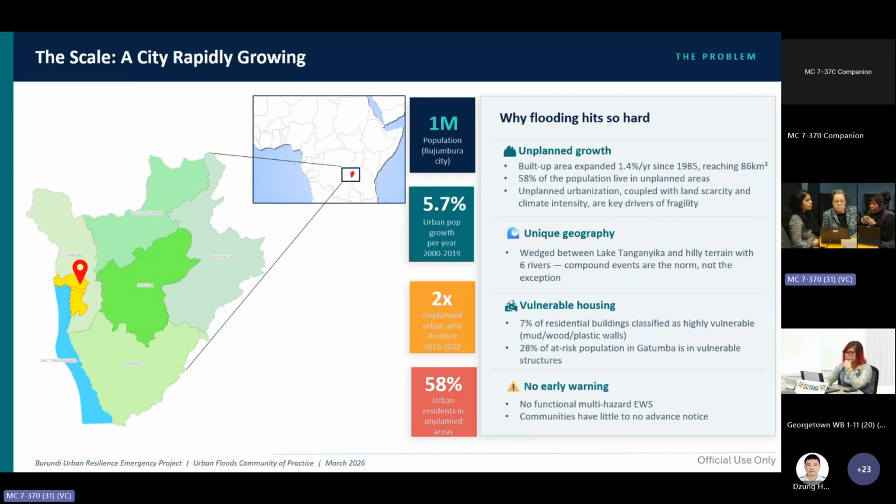So what we have is a context of limited space, high density development, and very little room for water to move. And when you combine this with weak drainage systems, vulnerable housing, and lack of functional early warning, the system really has very little capacity to absorb these shocks. So you'd see in the map, the area in yellow is our geographic scope of the project, and that is more or less the city of Bujumbura.